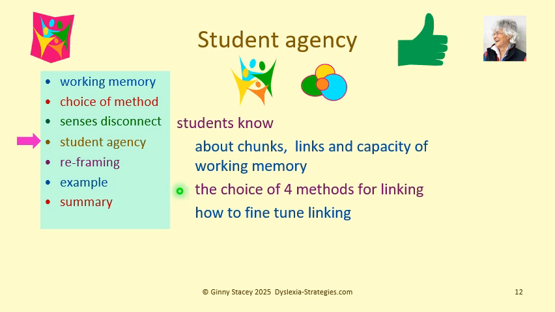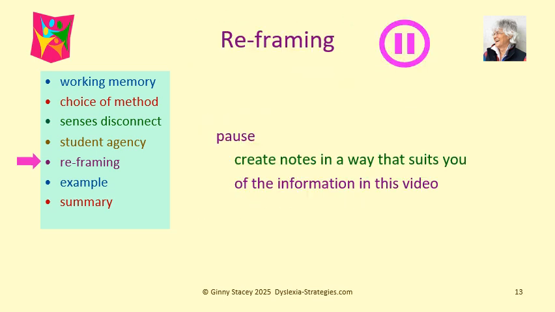They might prefer one, but at one stage that their preferred one is not working, so they know that there's another option that they can switch into, and also to know that there is fine-tuning that they will be able to use, and they can explore what those are. But there are ways in which they can take control of capturing the information, being able to use it, process it, learn from it. It's their agency, and that is so very important.